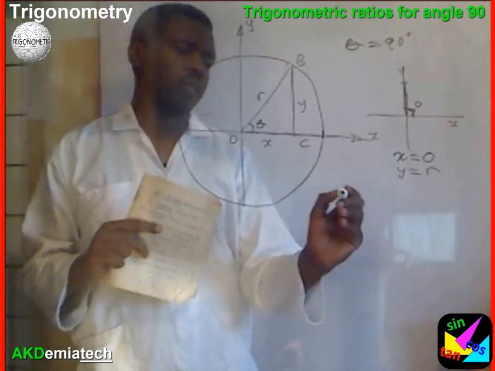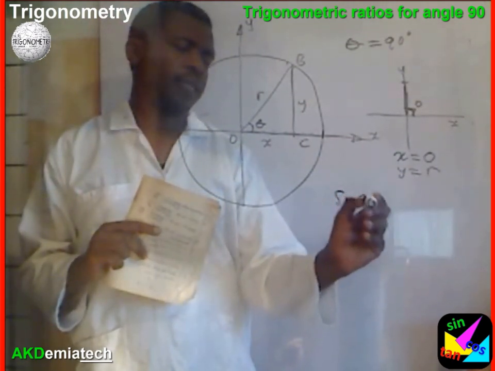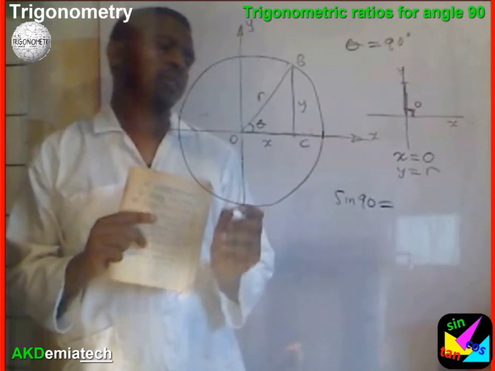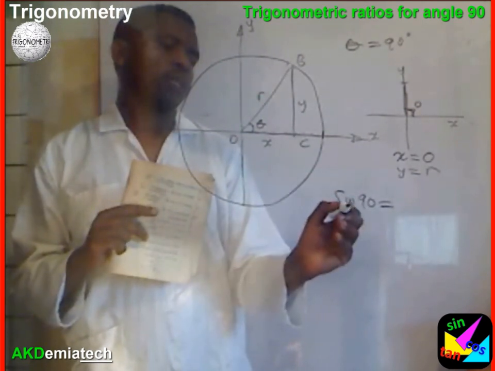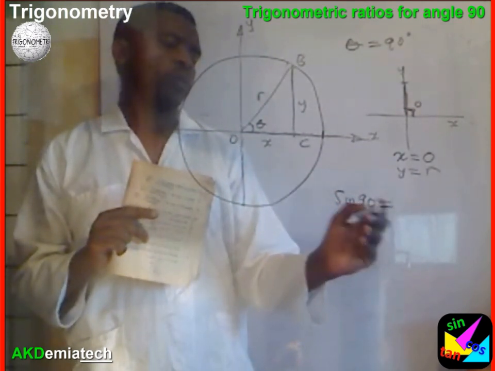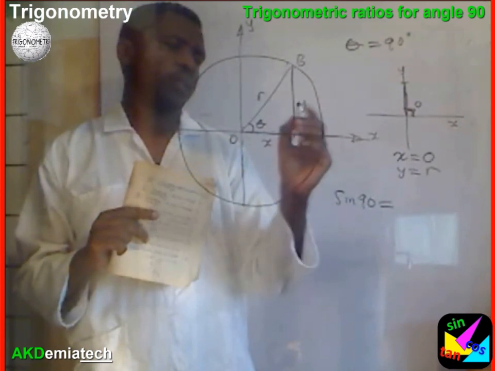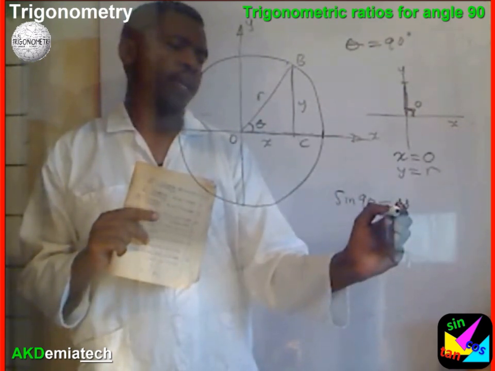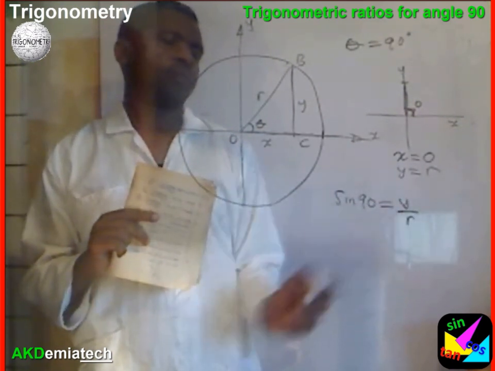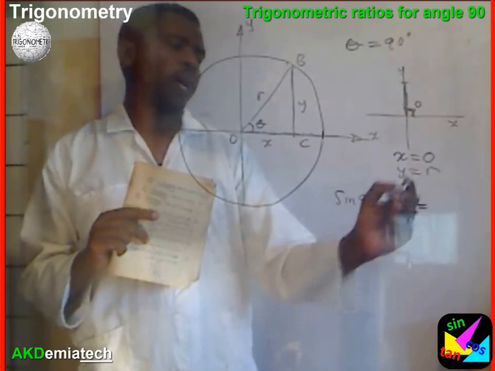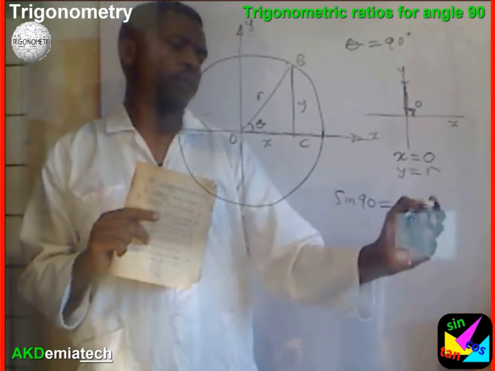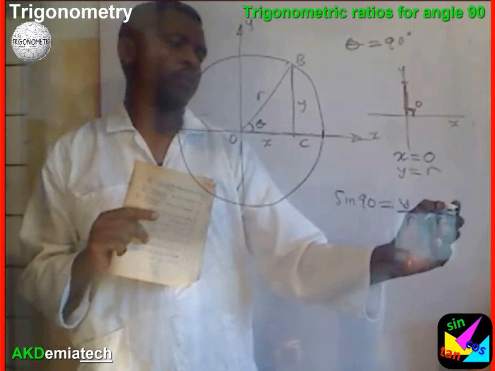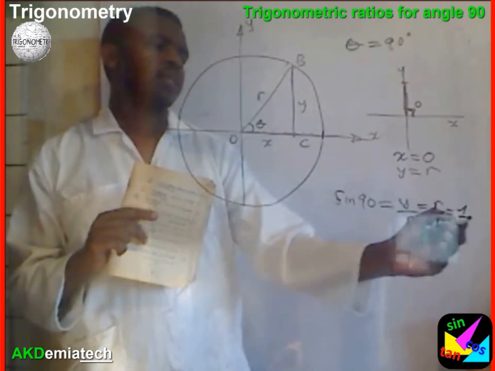What is sine 90? You know that sine is opposite all over hypotenuse. So this is y all over r. And what is y? Y is equal to r, so we will have r all over r equals 1. Sine 90 is equal to 1.